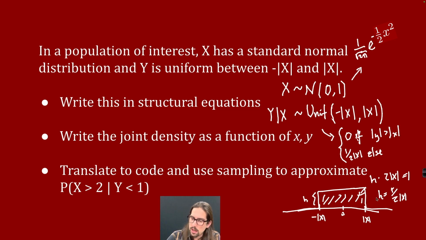Another way I could write that, in a different notation, is I'm going to use the symbol 1 to denote a function that takes the value 1 on a particular region and 0 everywhere else. I denote what region it takes the value 1 on by putting it as a subscript.